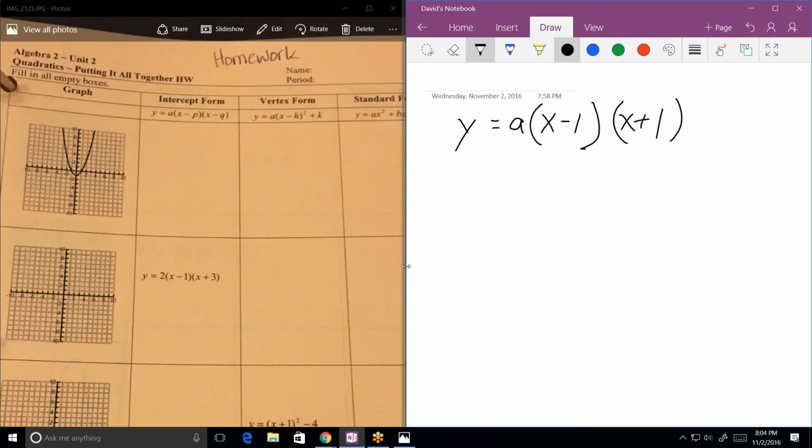But if I look at x being 3, what is y? Go up and figure out what's y.